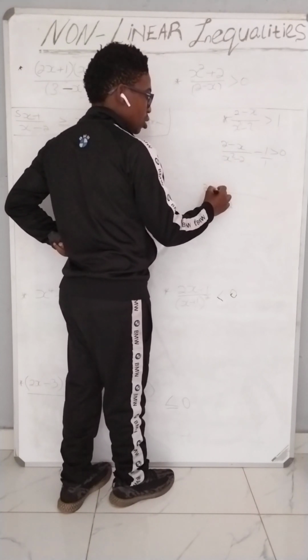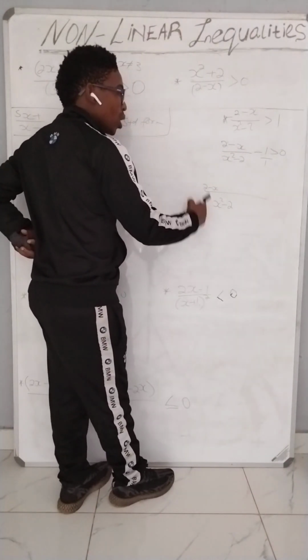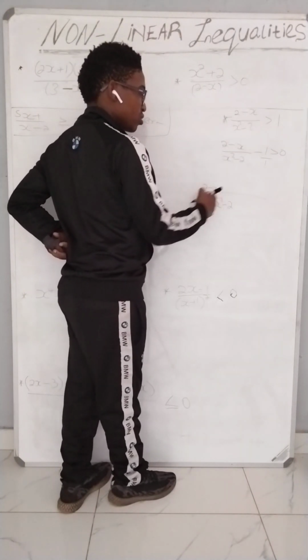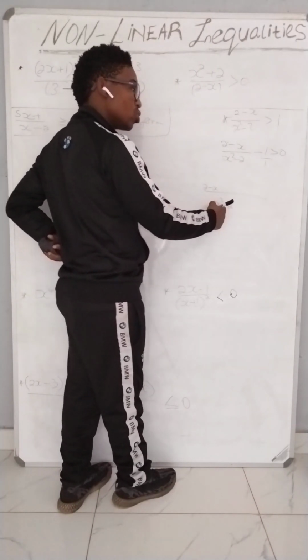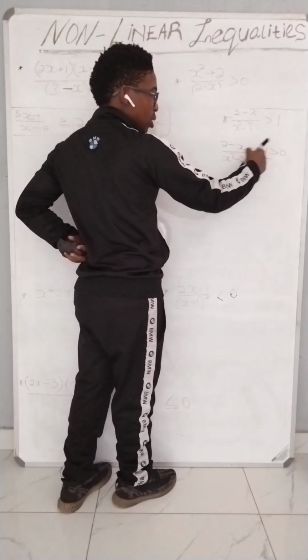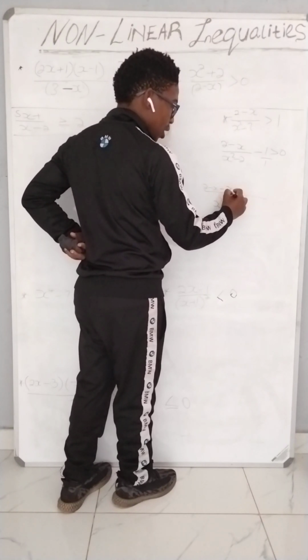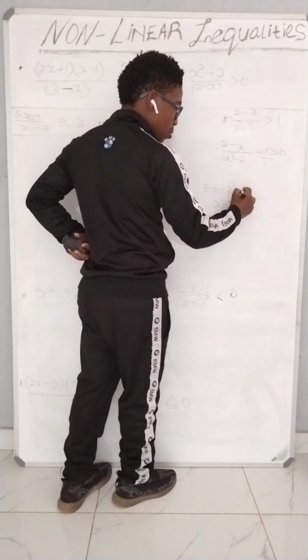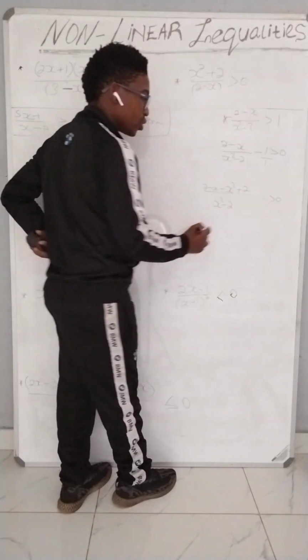So that will be x squared minus 2 into x squared minus 2 goes once. 1 times 2 minus x is 2 minus x. And then 1 into x squared minus 2 goes x squared minus 2 times. X squared minus 2 times minus 1 becomes negative x squared positive 2 is greater or equal to 0.